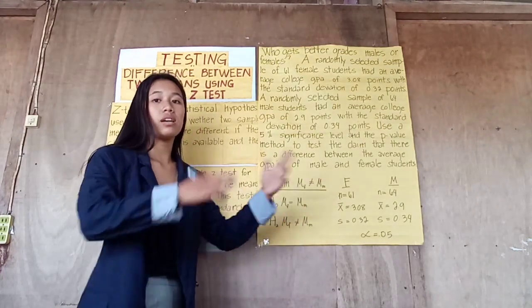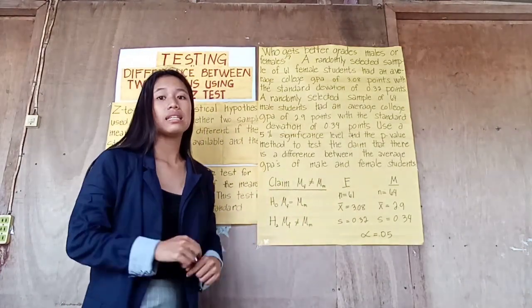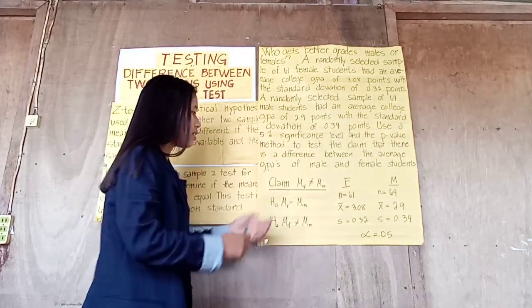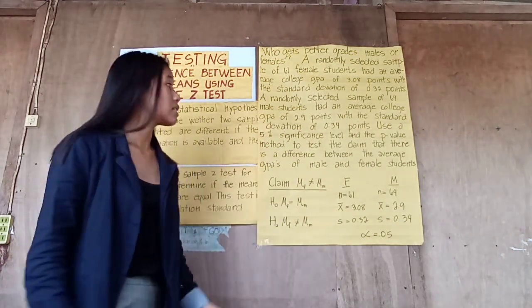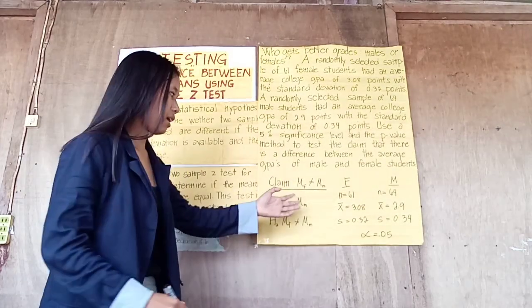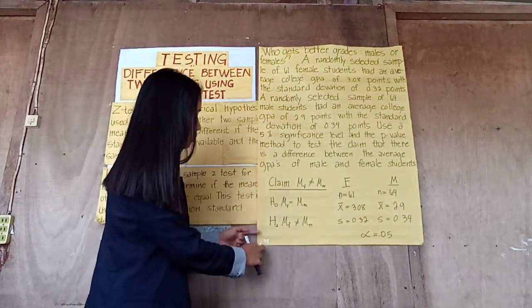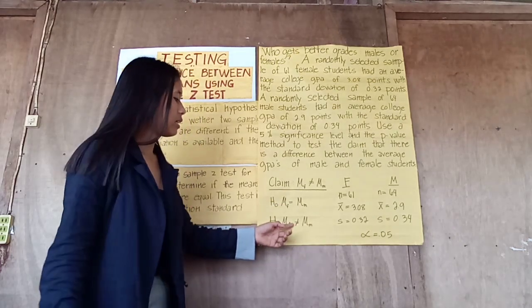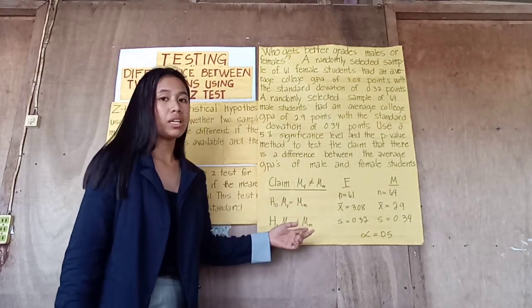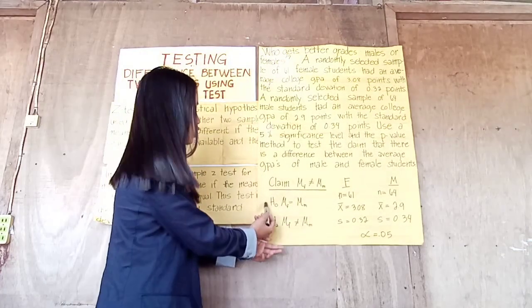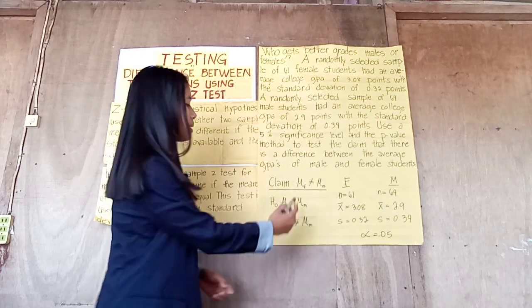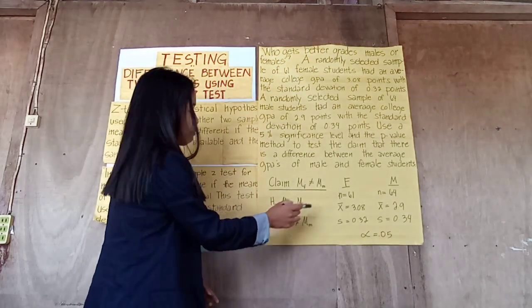Is not equal to, because they say that there is a difference. So there's a difference in the average GPA of female and male. So this is our HA, mean of female is not equal to mean of male, and then our HO will be the opposite of this. So mean of female equals mean of male.